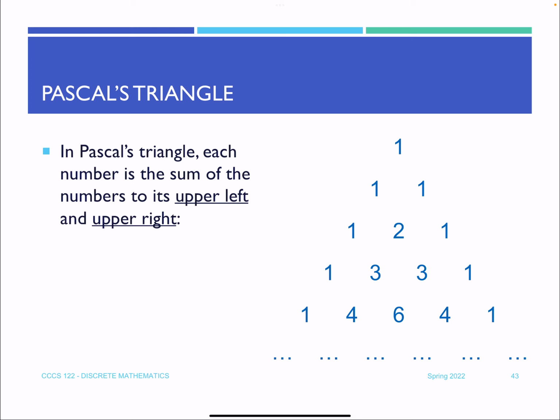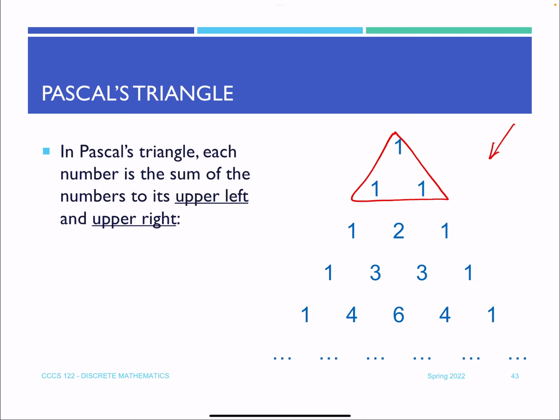In Pascal's triangle, each number is the sum of the numbers to its upper left and upper right. We can see Pascal's triangle to the right. We begin with these numbers at the top.